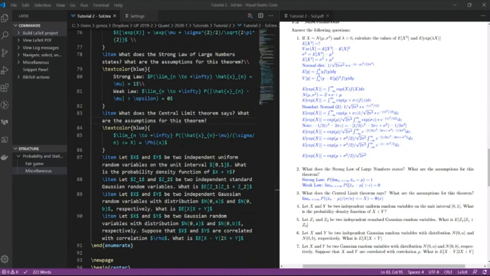You need as your sample size approaches infinity, then you have a valid theorem, right? Okay. All right. Any other question, guys?